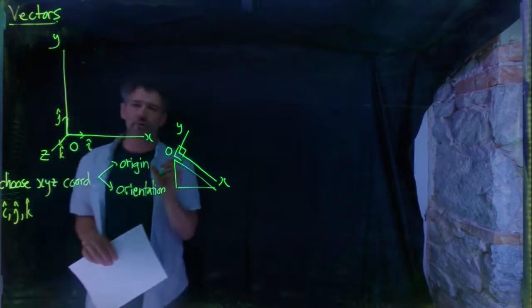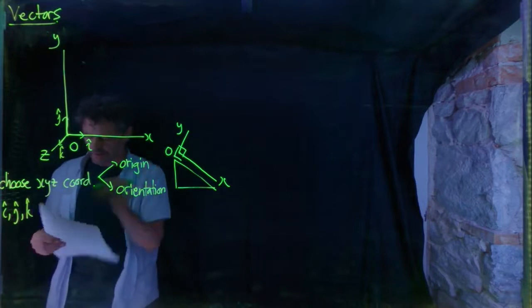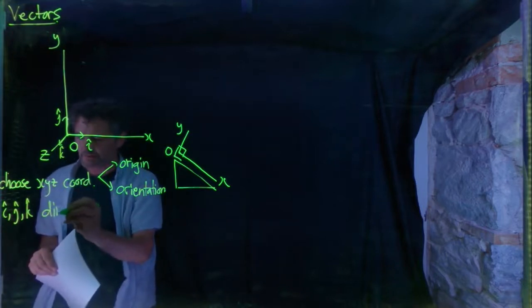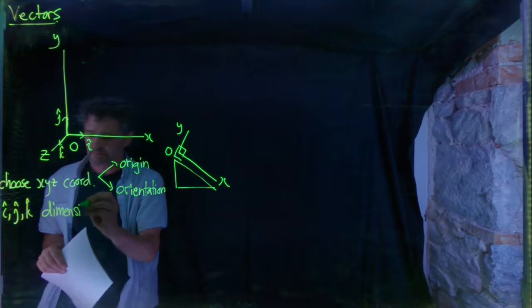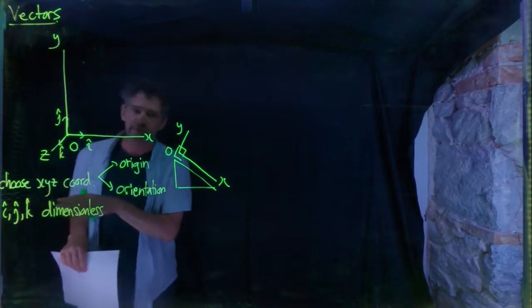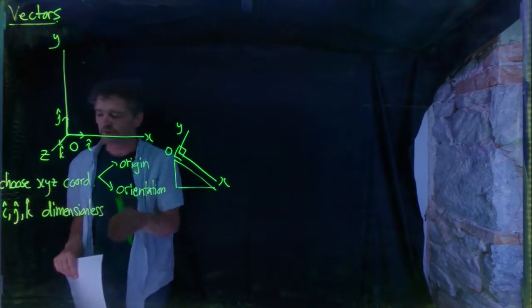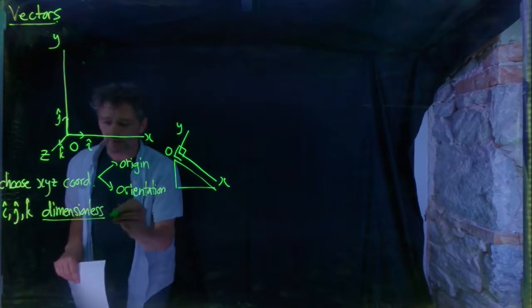There are two very important properties of these vectors. One is they are dimensionless. Okay, so they don't have any dimensions, like they're not a length, they're not a mass, they're not a velocity, length over time, they have no dimensions. Okay, so they're dimensionless, and they are also unit vectors.